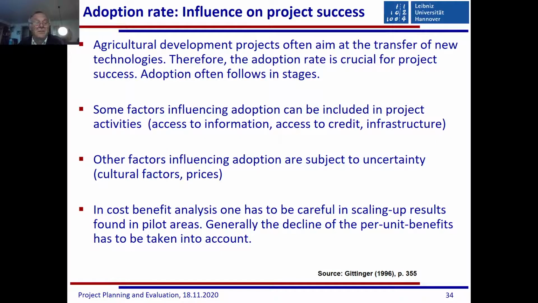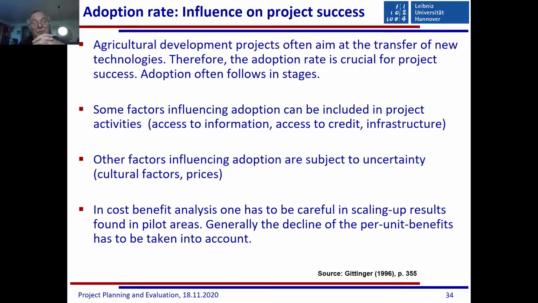There is no way that the project can, for example, make an activity so that the prices will change, because whatever the project is, even if it's a big irrigation project, it cannot influence the prices. It can also not influence the cultural factors, for example, the behavior of people. There is very little it can do.